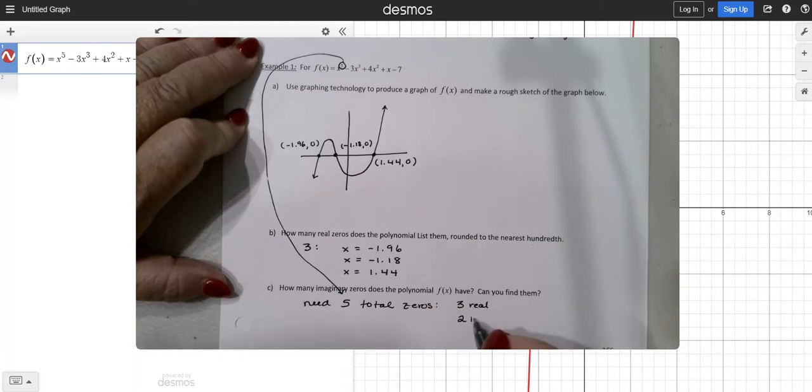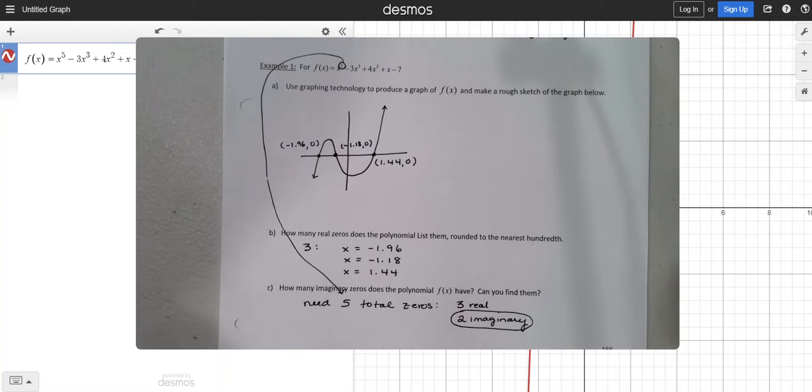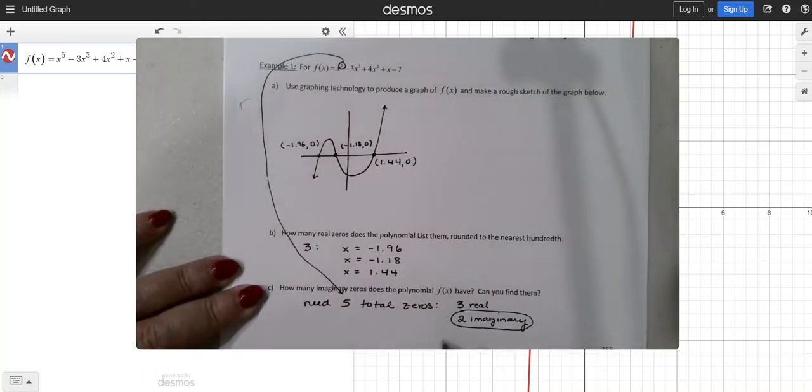That means the other 2 must be imaginary. Keep in mind, imaginary zeros always occur in conjugate pairs, right? So those 2 imaginary zeros are a pair of an imaginary number and its conjugate. Can I find them? No. I can't find them.